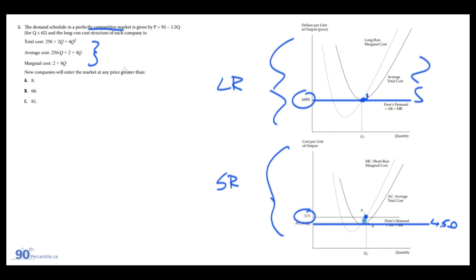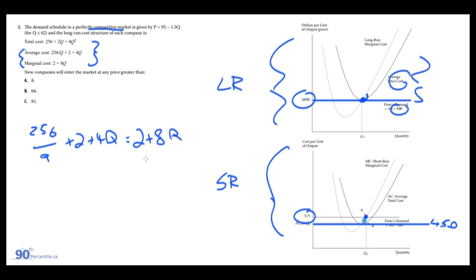So to solve for this, we have average cost and marginal cost, and we need to set those two equal, because in the long run equilibrium, marginal revenue is equal to average cost. So if we set these two equations equal, we can solve for Q. So 256 over Q, which is average cost, plus 2 plus 4Q equals 2 plus 8Q.